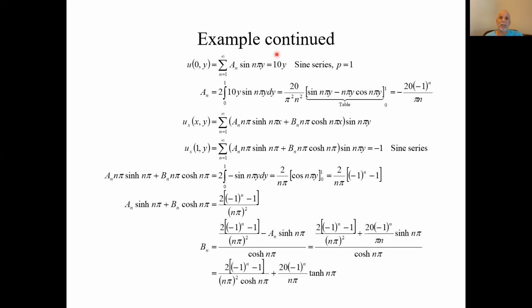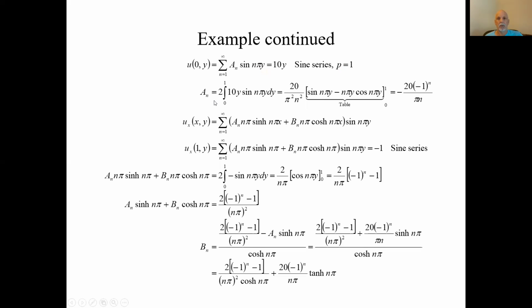Well, I have to expand 10y in a sine series. You need the table of the Fourier sine series to do this. The way we did it, what we called P to match this equals 1. In the Fourier series table, set P equal 1 to match this.